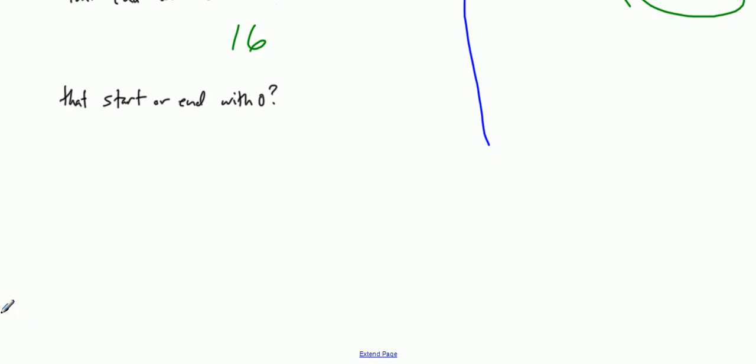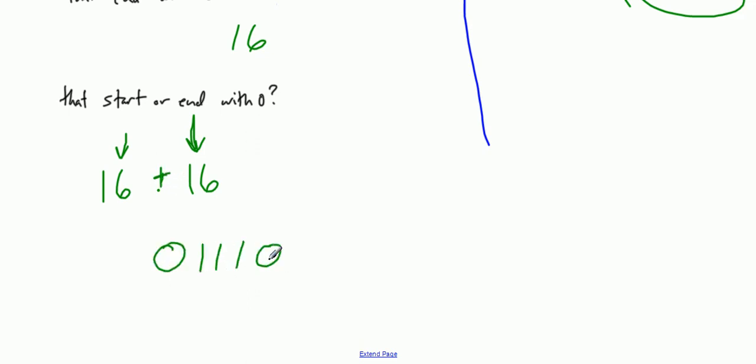We do want to think about all the ones that start with the 0. There's 16 of those. And we want to think about all the ones that end with the 0. There's 16 of those. And at some point, on some level, we do want to add them together. The problem is, let's look at a specific string like this one here.